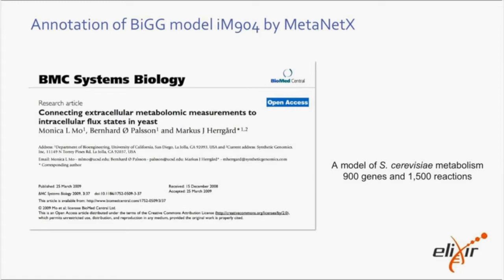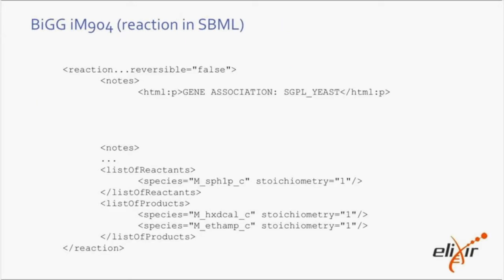So we'll illustrate this with a yeast metabolic model, which contains around 1,500 reactions and 900 genes. Okay. So if we look at the underlying data present in this model, this is a single reaction from the model in SBML, which is Systems Biology Markup Language.